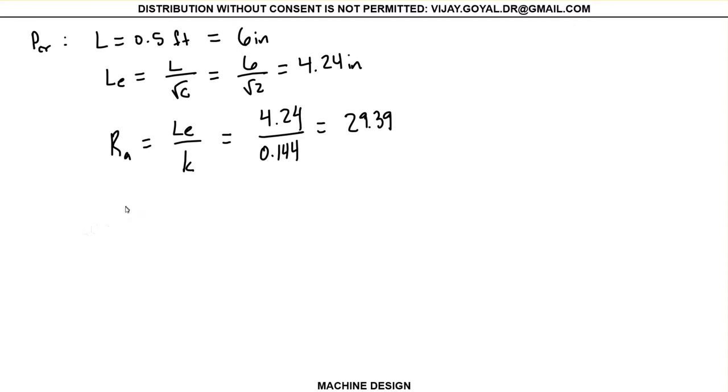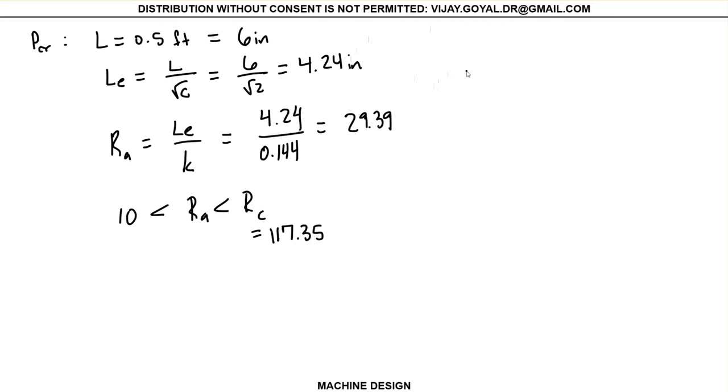And you see immediately that this particular column is bound by RA and RC, and RC was equal to 117.35.